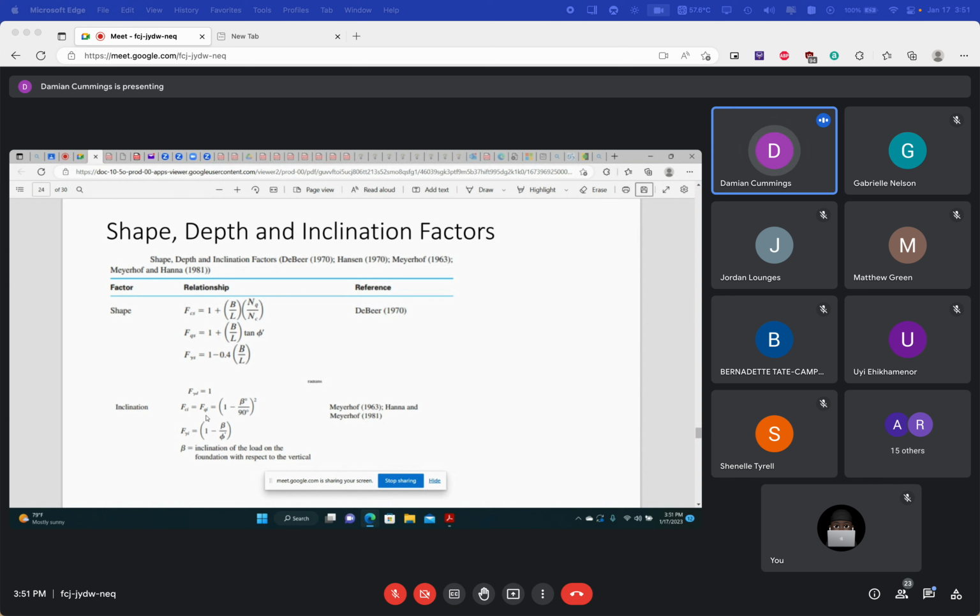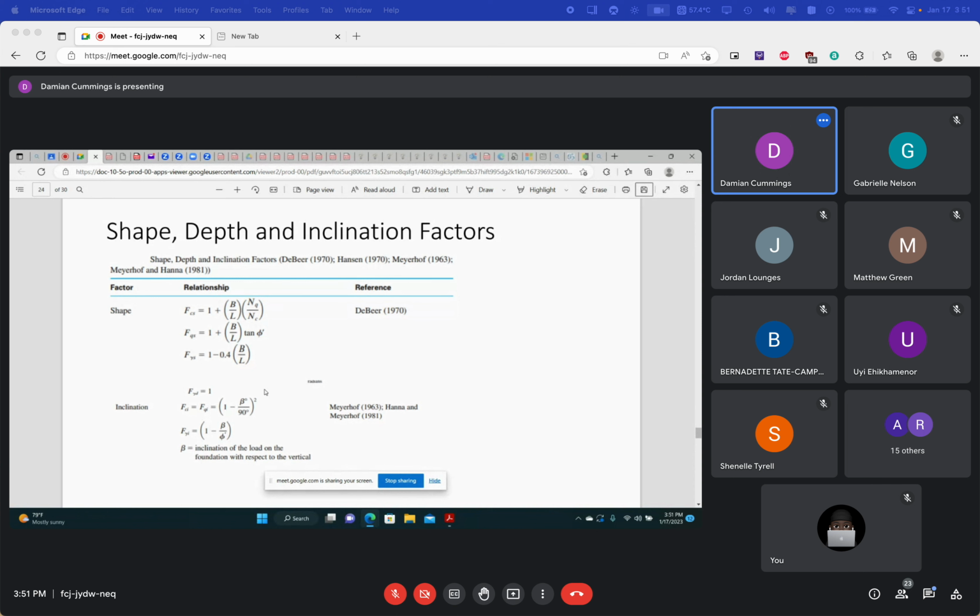Our load inclination factors. We have F gamma d equal to 1.